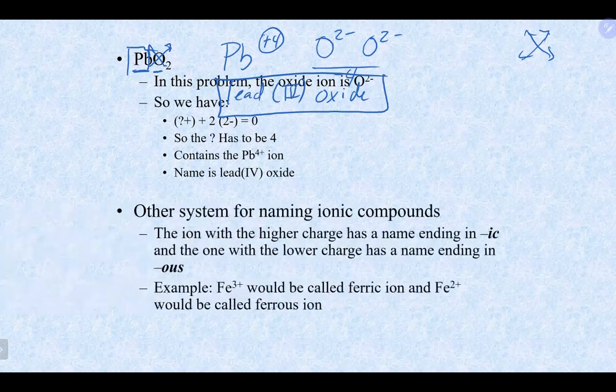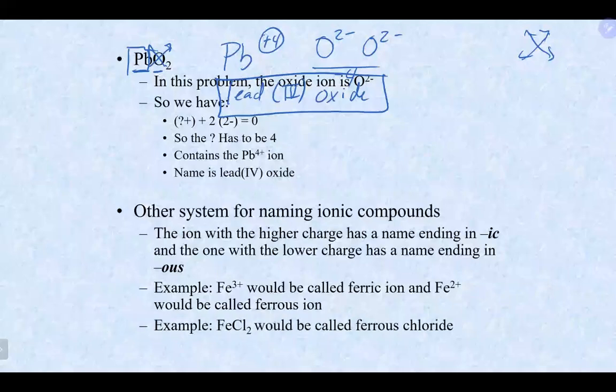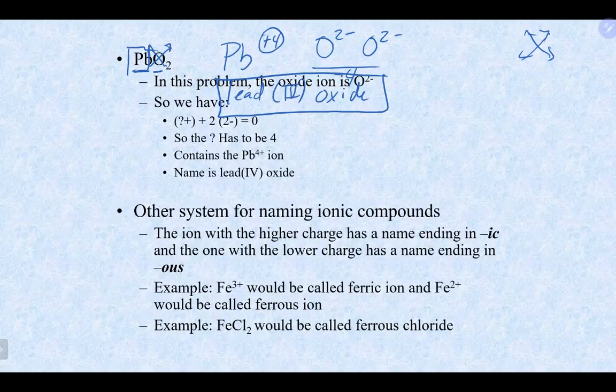As was mentioned just a second ago, there is an older way of naming, and we're not going to use it in this class, but it does still pop up sometimes as you read things. Sometimes we will use the older name for the element, kind of the historical name. For iron, it would be ferric or ferrous.